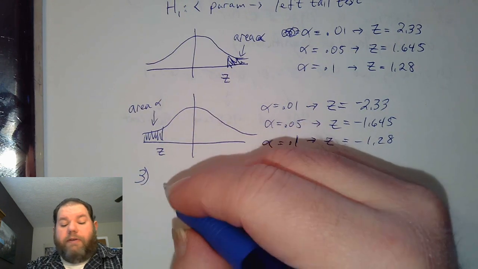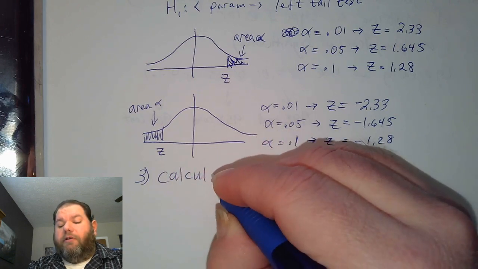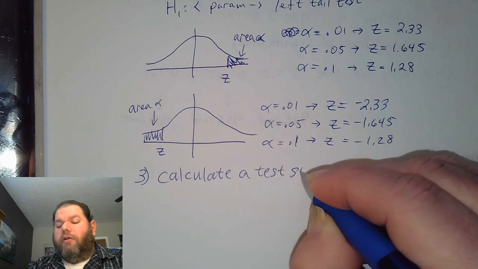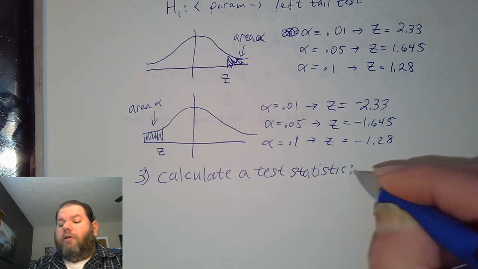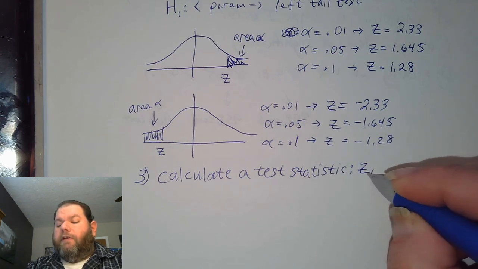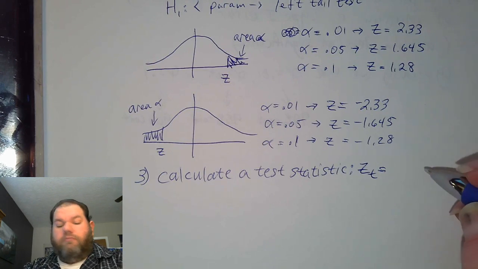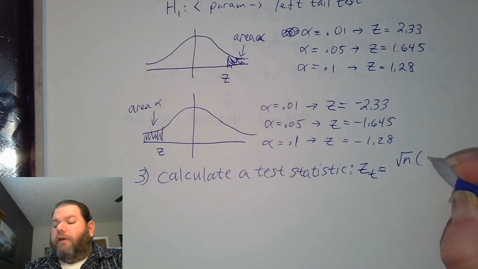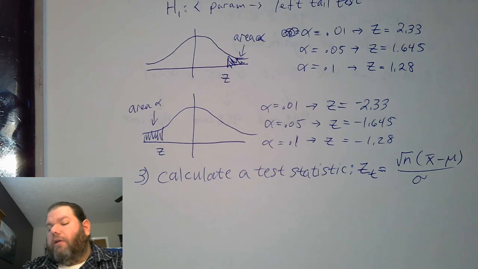So our third step is calculate our test statistic, which says ZT is equal to square root of n times x bar minus mu over sigma.